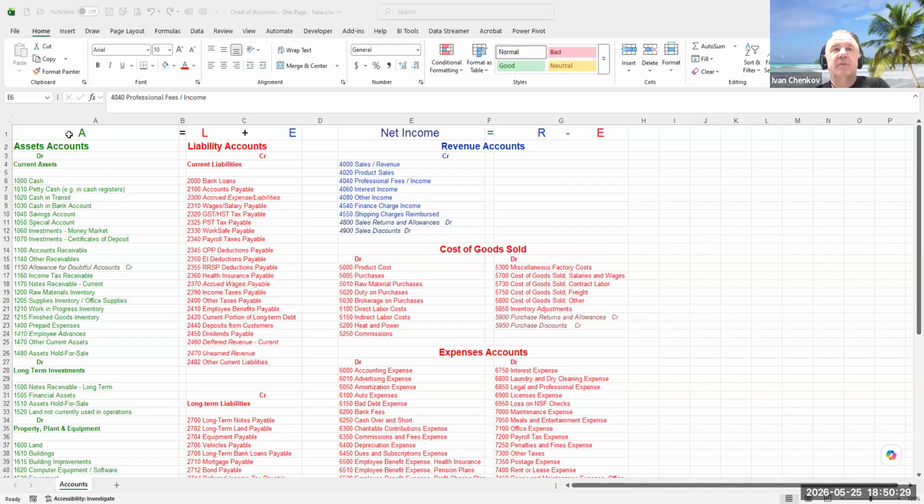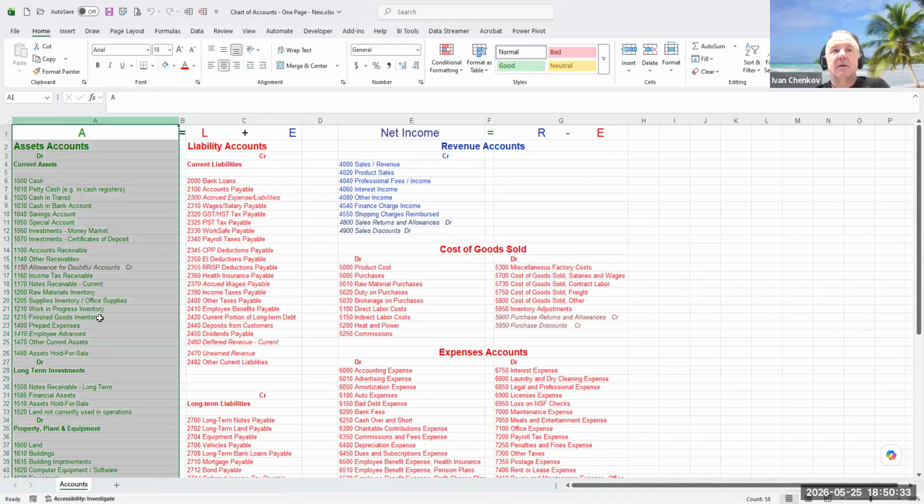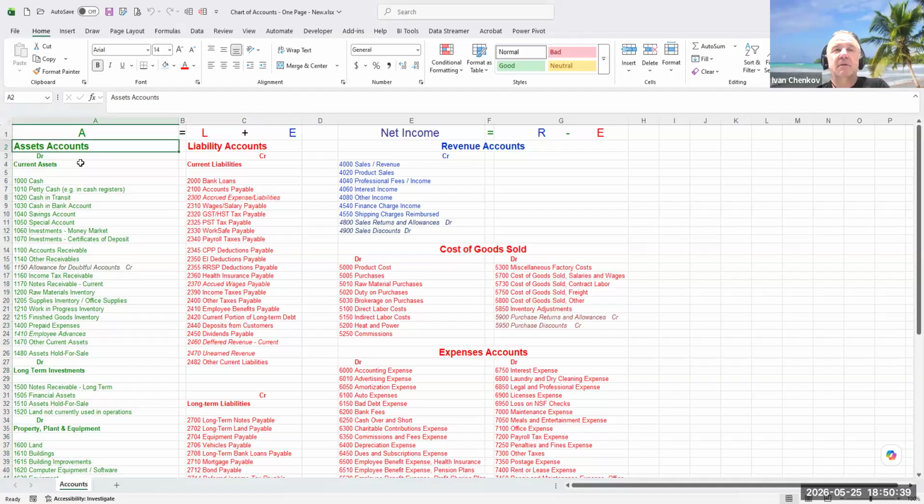So again, it all comes from the basic accounting equation: assets equal liability and equity. This section here under A is related to the assets. Those are your asset accounts. They're listed in two categories. First is the current assets. We're going to see later, when we start talking about assets, which assets are current.